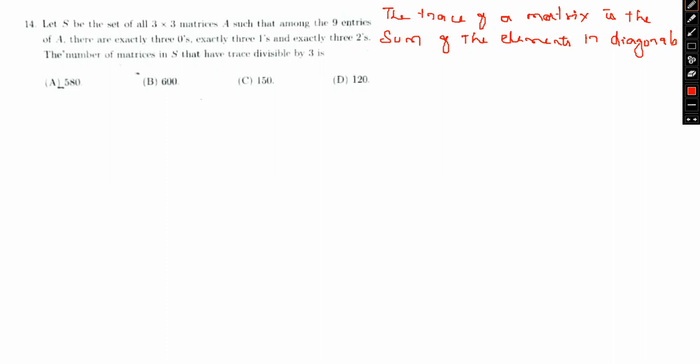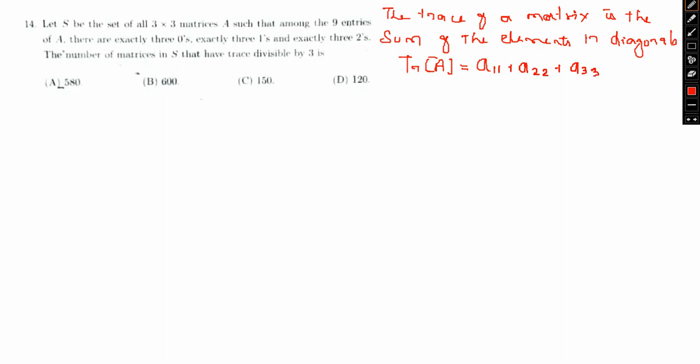So sum of the elements in diagonals. So basically if I am to find trace of A, that would be A11 plus A22 plus A33.